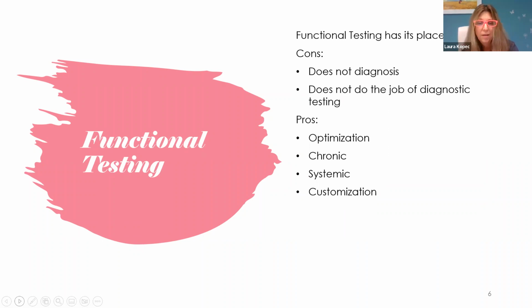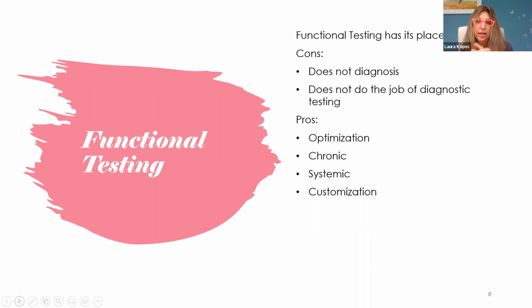The cons of it, it's not meant to give a diagnosis. It doesn't do the job of diagnostic testing. So if you're doing functional testing, you're looking at optimization. You're looking at how to address a chronic imbalance that maybe doesn't have a diagnosis, or does have a diagnosis, but the corrective strategies are not apparent or available.